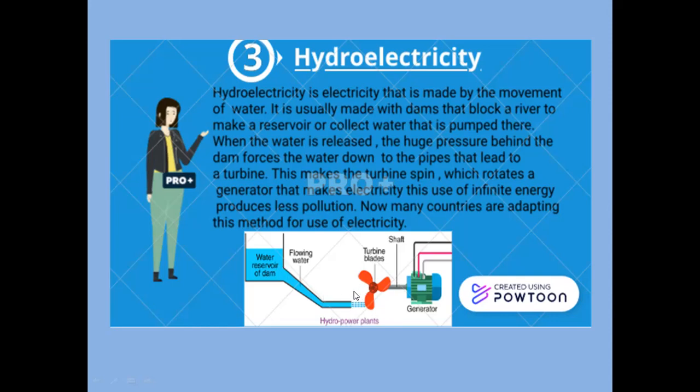Because of the force of the water, the turbine spins, and this turbine is connected with a generator. When the turbine starts spinning, the generator also starts spinning, which makes the electricity that passes out, and this use of infinite energy literally produces less pollution. And nowadays, many countries are adopting this method for the use of electricity.